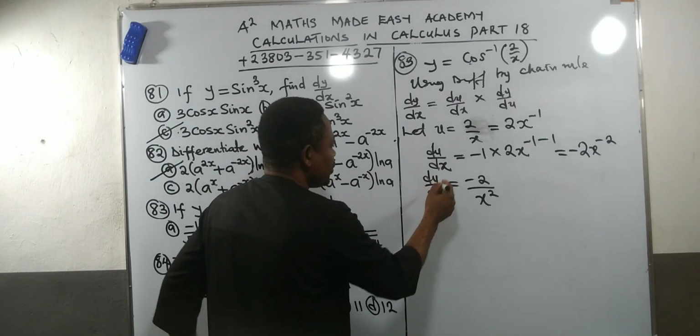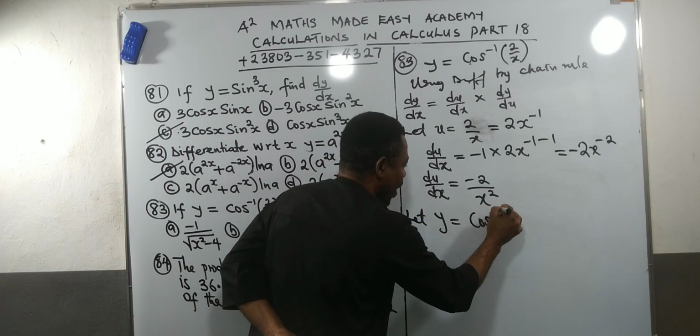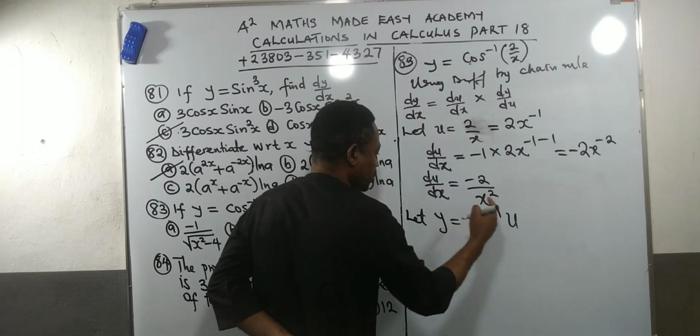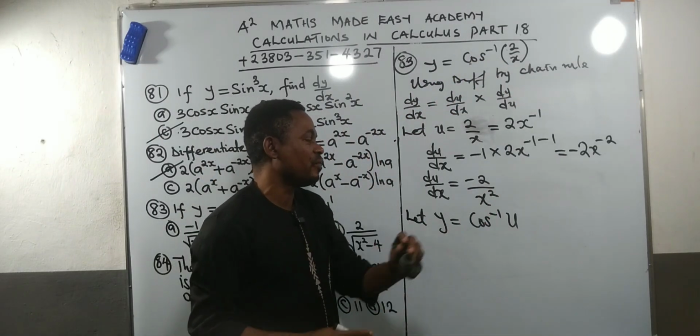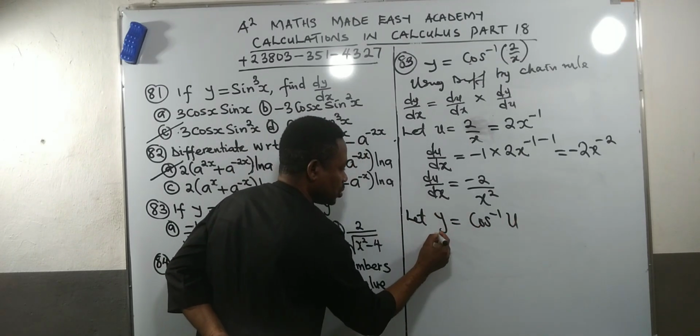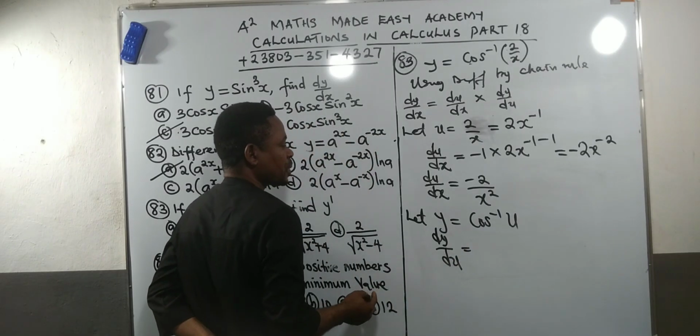Now, having satisfied du dx, I will now say let y be cos inverse of u. How do we differentiate cos inverse? If I differentiate y with respect to u, it will give me dy all over du. Now watch.